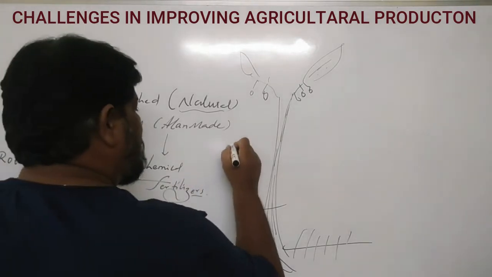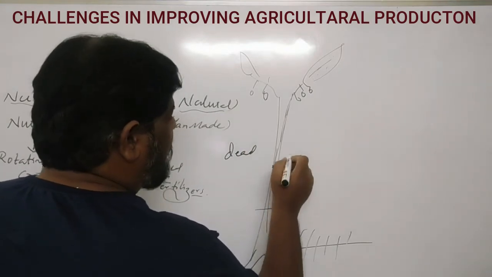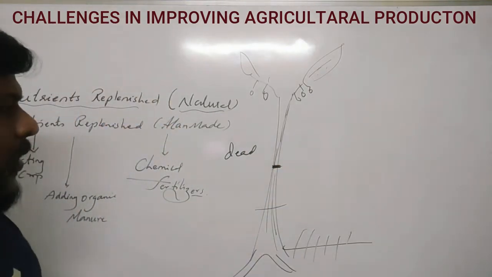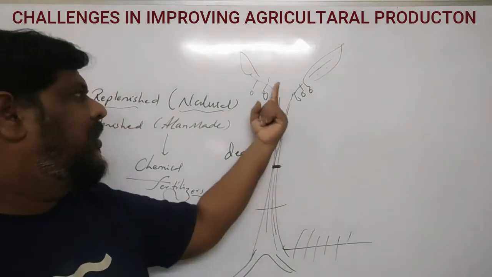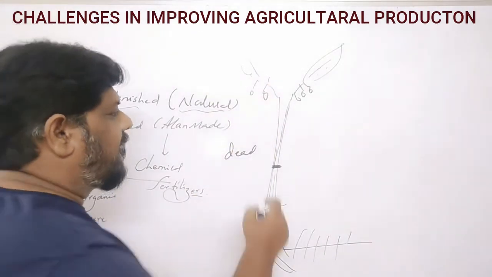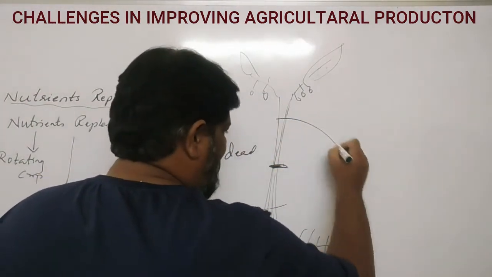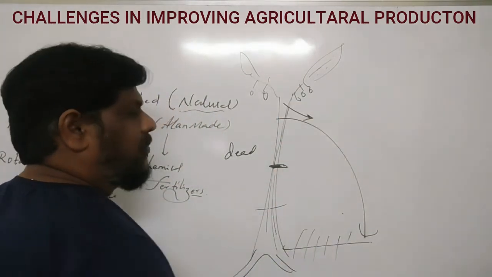Sometimes the plant dies because some insects make holes in the xylem and phloem. Ultimately the minerals and salts will not be able to reach the plant, or the food material will not come to the roots, and the plant dies. When this plant dies and falls down, all the nutrients in the plant will again be taken by the soil.